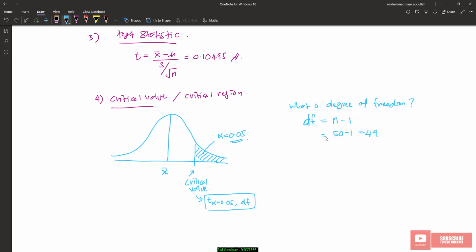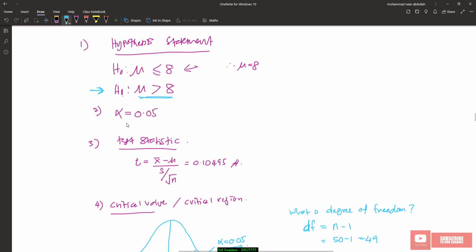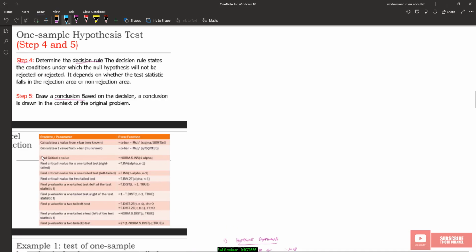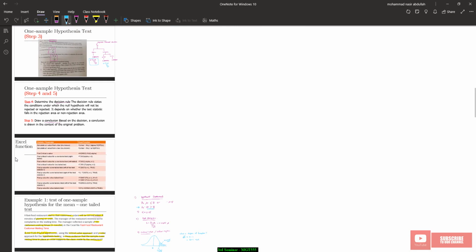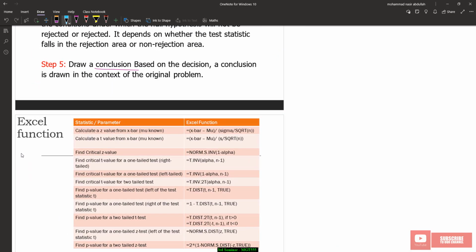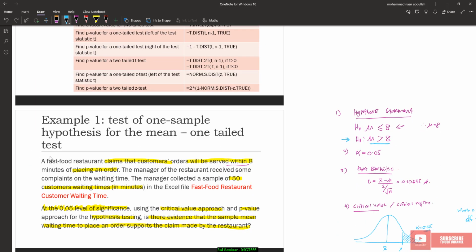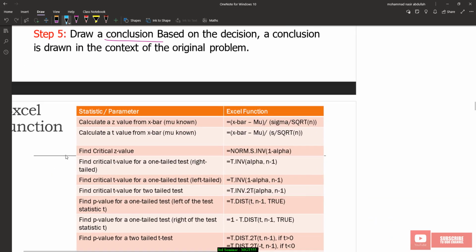Sometimes in statistical topics, I will show how to use a statistical table. But since we are using Excel, kita tengok balik nota yang I bagi, dalam page number 82, I think. So this is the formula that we're going to use.